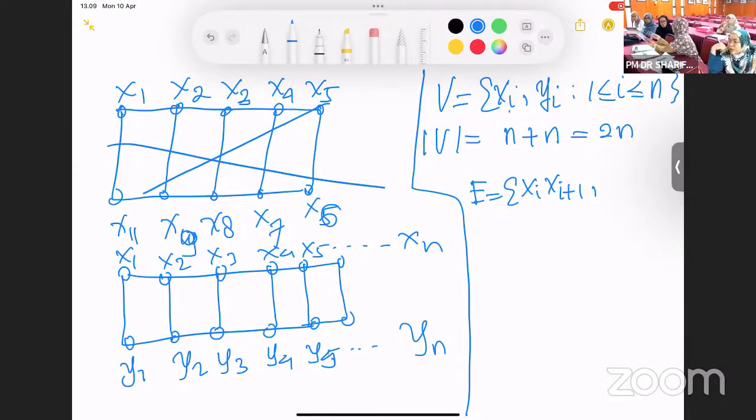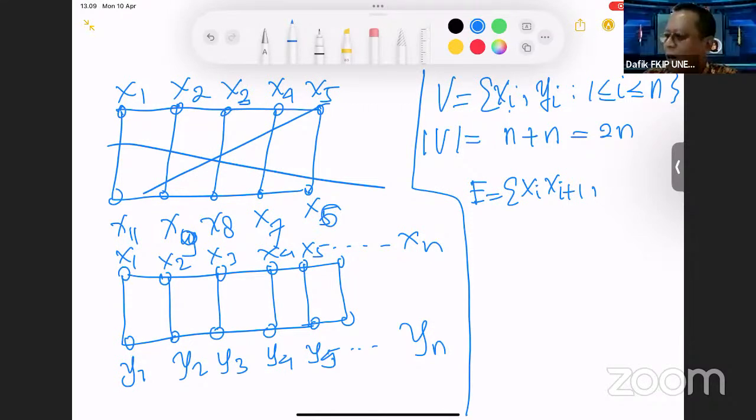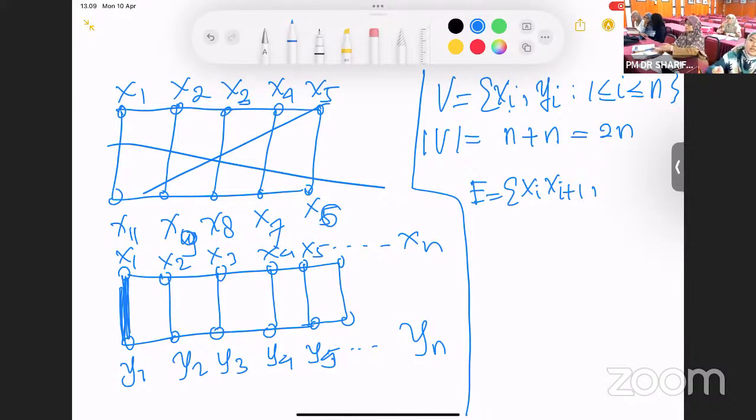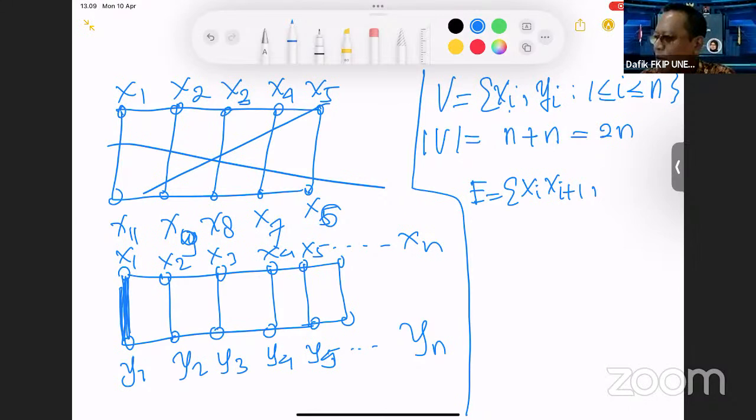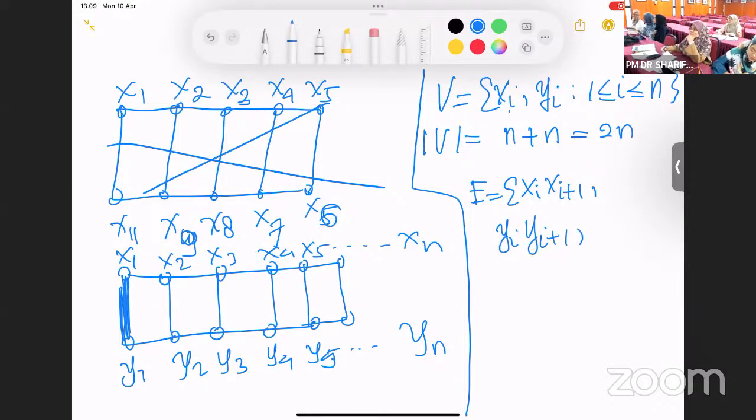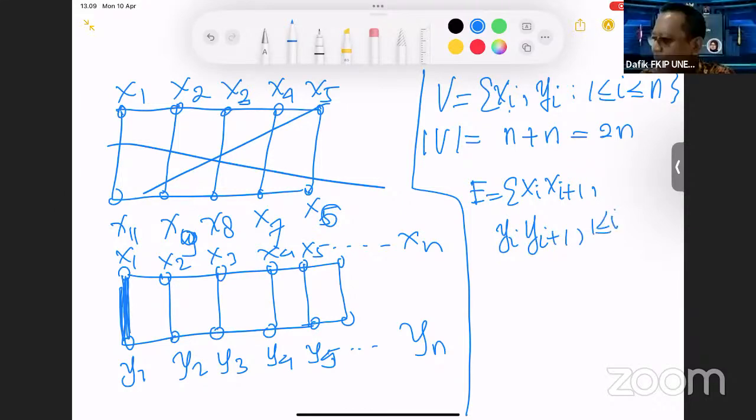Why not combine them? We don't need to put a union, Prof. I don't think so. If you combine everything together, what about this part? We only combine x1 to xn minus 1, and y1 to yn minus 1.